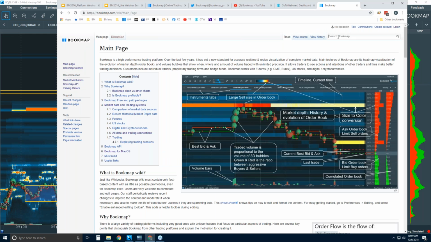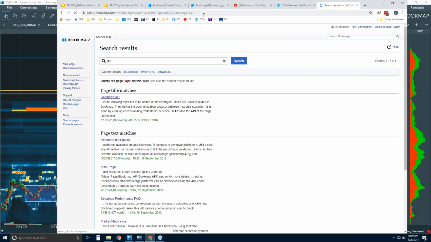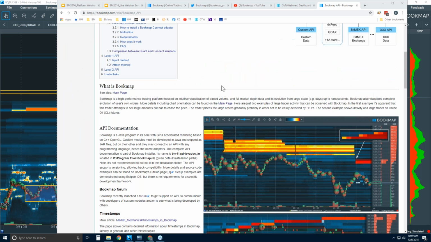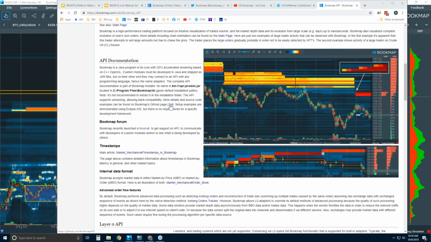There's also a forum, and all the links are here. Let's just go to the API here. Yes, this will answer all your questions. I'm going to put this into the chat for everybody: bookmap.com/wiki/bookmap_API. You'll see there's the forum, there's a GitHub page here, and there's the recent forum that we just made. All the links are in here.